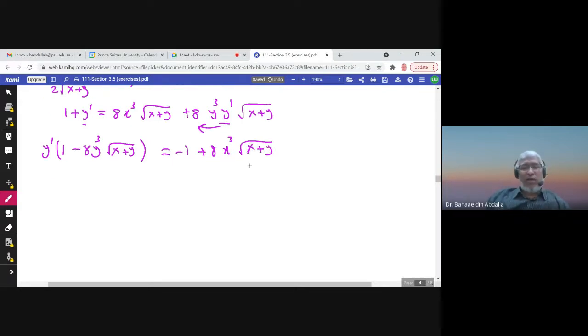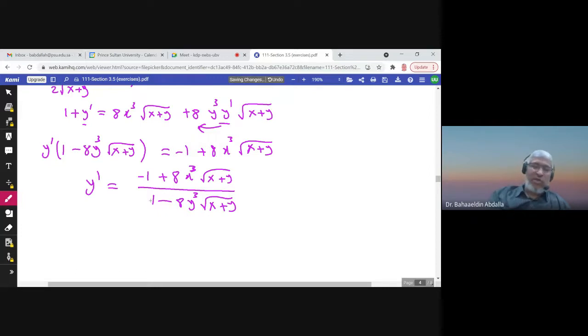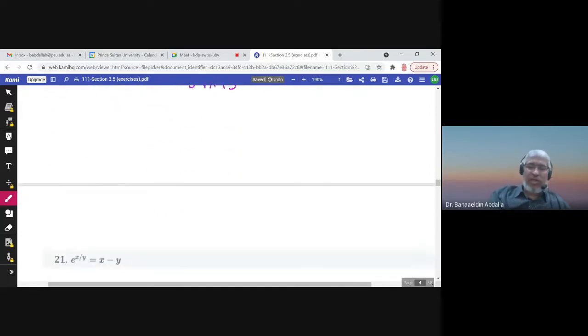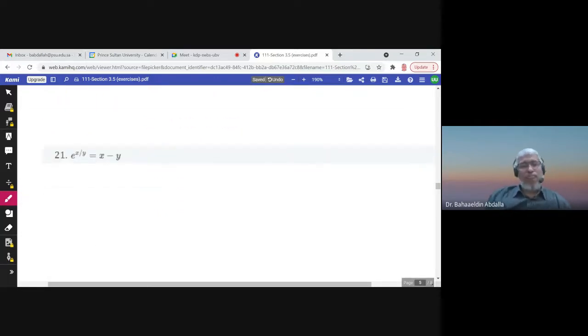So finally, y prime would be negative 1 plus 8x cubed square root of x plus y over 1 minus 8y cubed square root of x plus y. No cancellation because there is a plus and minus. That's the easiest form, the simplest form.